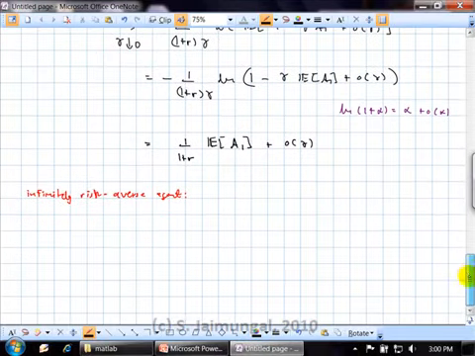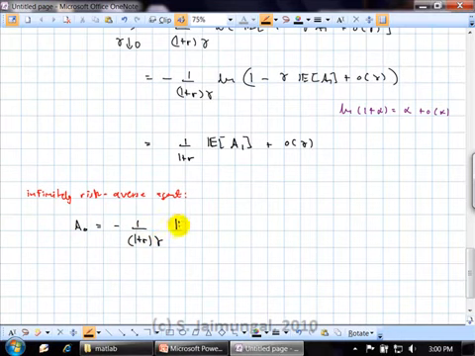Okay, so for the infinitely risk-averse agent, given that financial intuition that we've got there, what we're going to try to do is take... sorry, there's a logarithm missing here. So that was our result that we had from above.